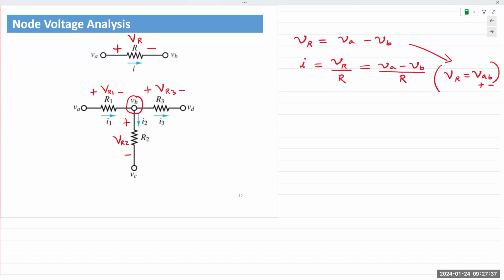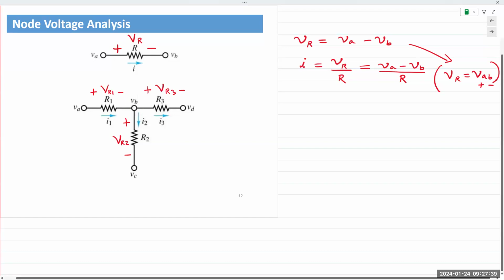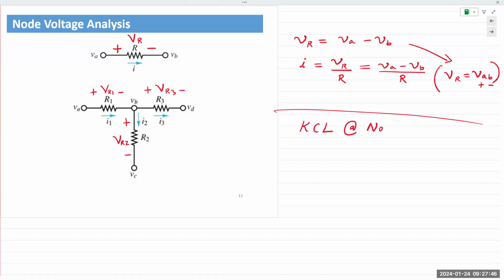I will write a KCL equation at node B. KCL: currents entering is equal to the total currents leaving. So I1 is equal to I2 plus I3.